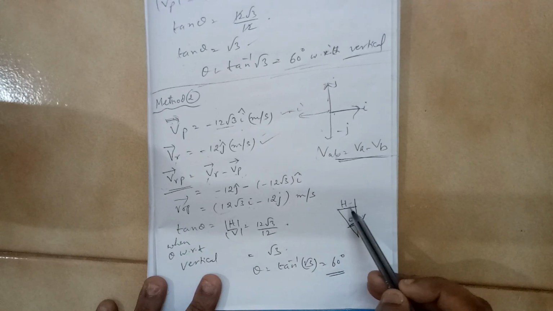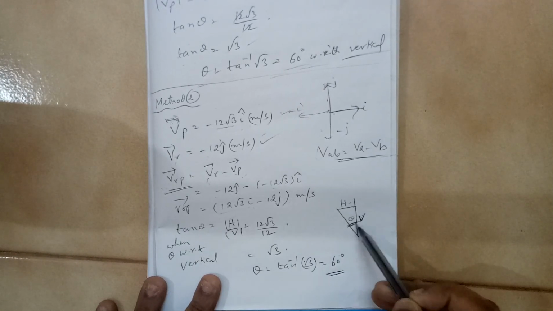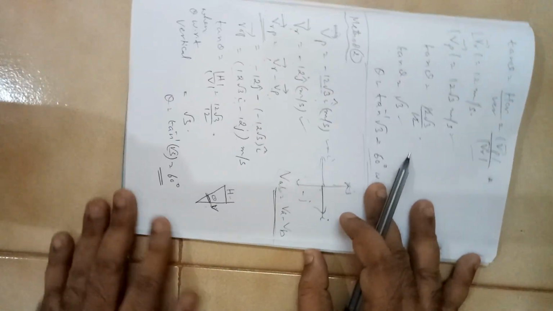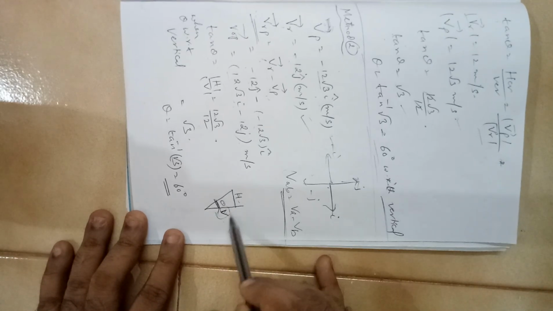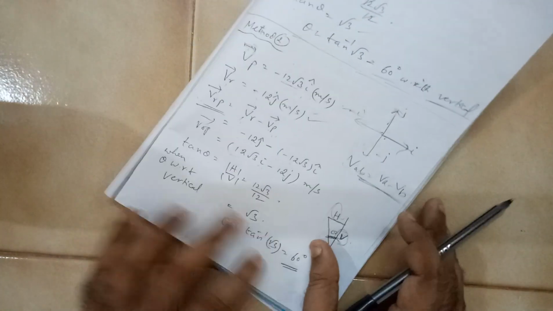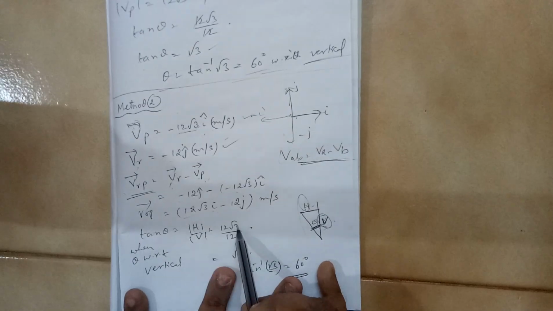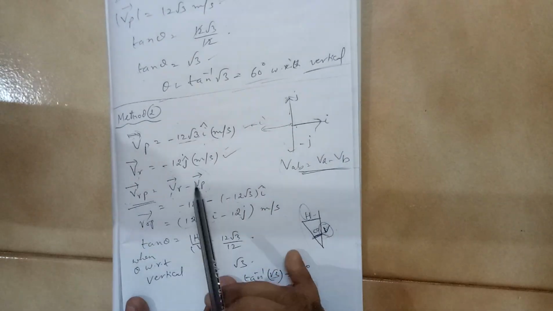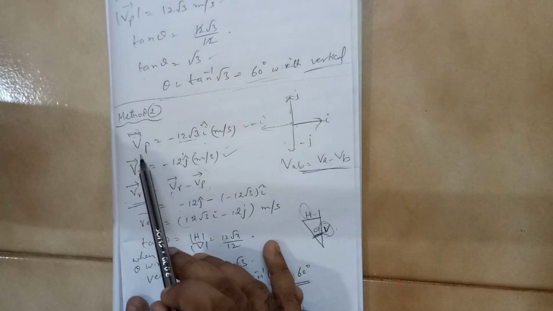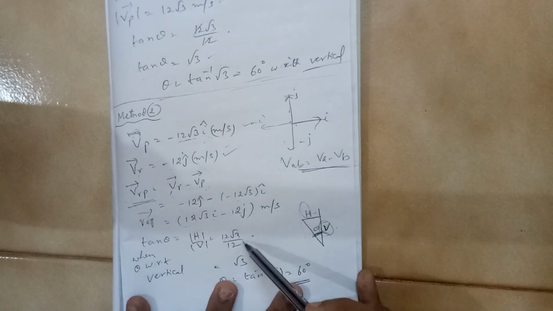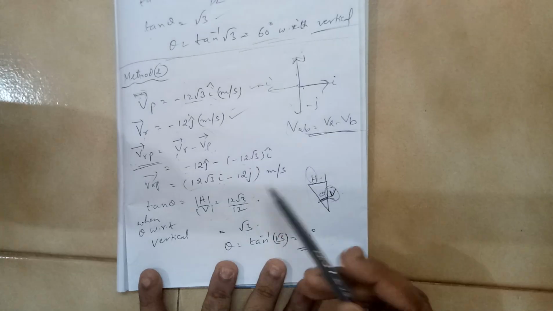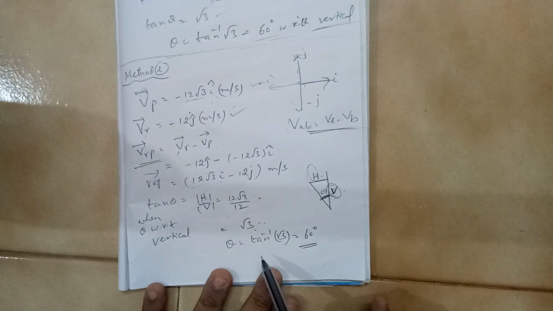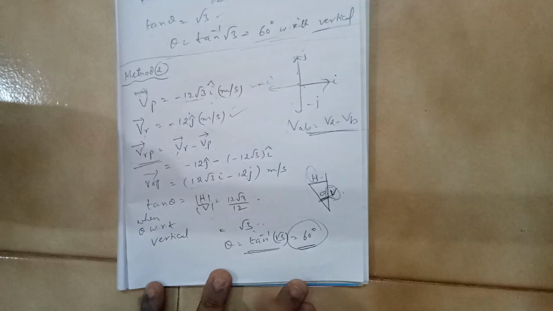So tan theta will be equal to horizontal by vertical, opposite by adjacent. Here adjacent is vertical, opposite is horizontal. Horizontal is the person's speed, which is 12 root 3. We take the modulus value, 12 root 3 by 12, where 12 is the rain speed. You get root 3. So theta is equal to tan inverse root 3, which is 60 degrees.